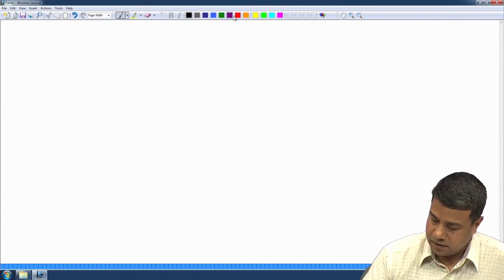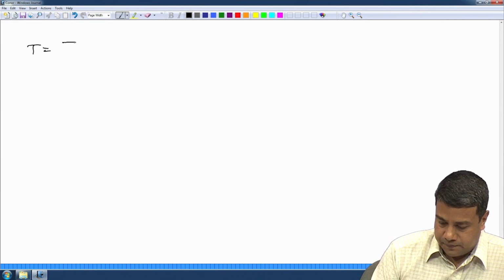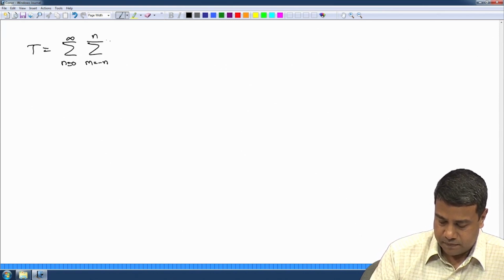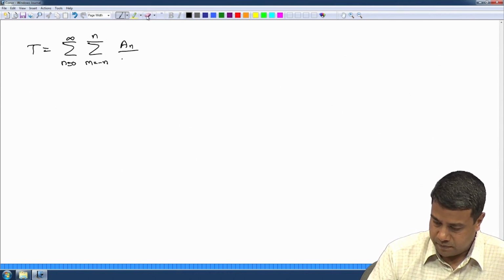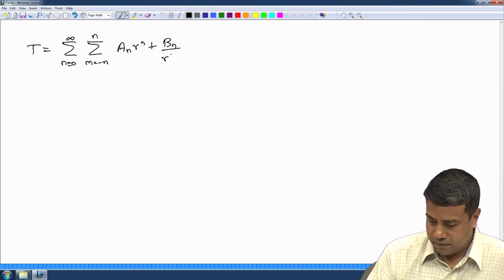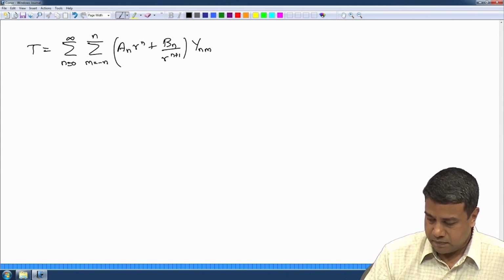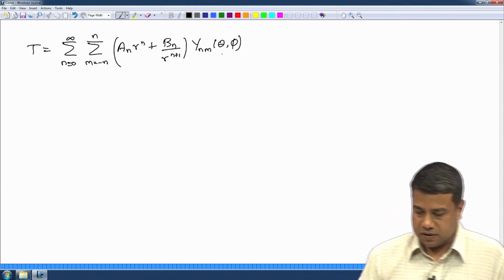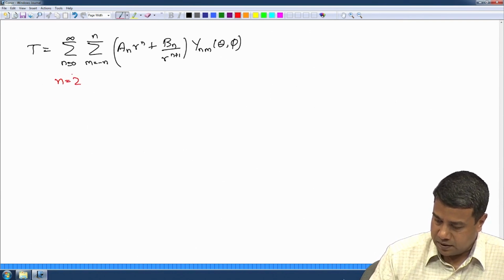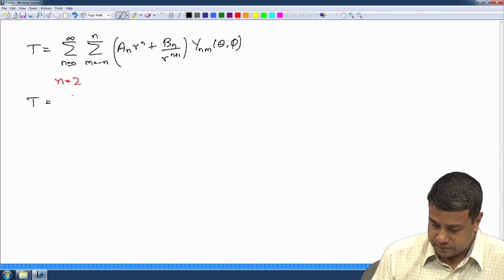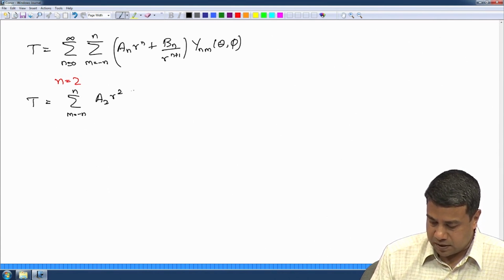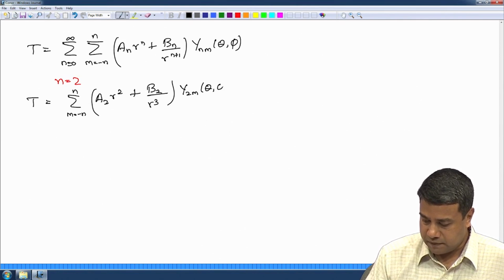The next solutions, for n = 2, the temperature is given by A2 r squared plus B2 over r cubed, times Y2m of theta and phi.